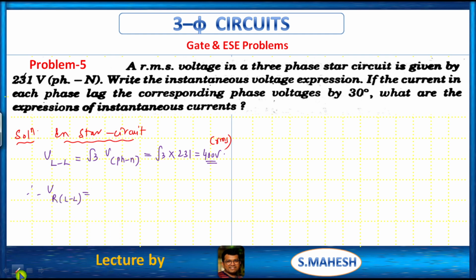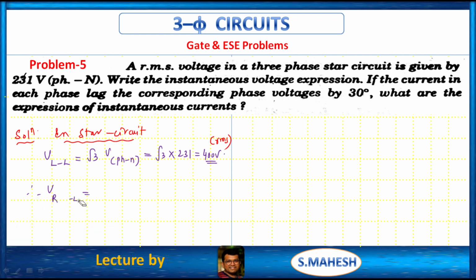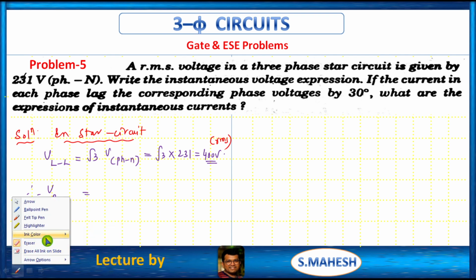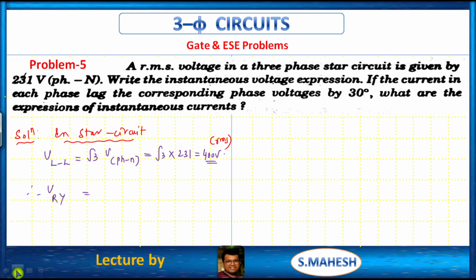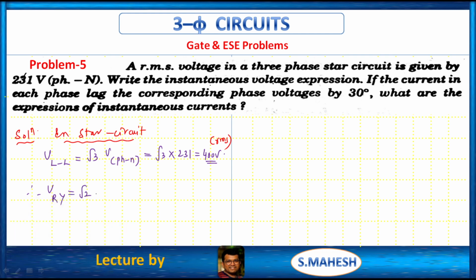To get the line to line value in case of star, we all know that VRY is equal to root 2 into 400 into sine omega t.